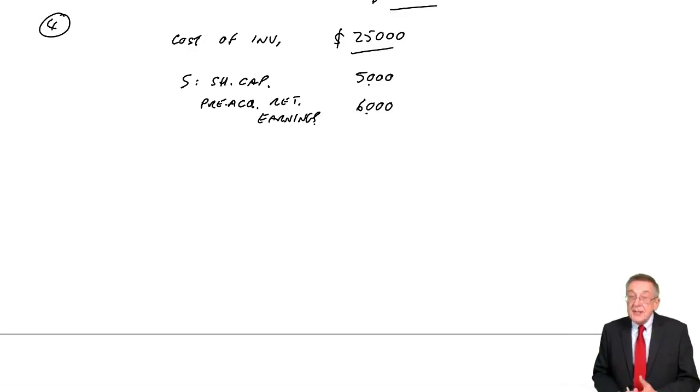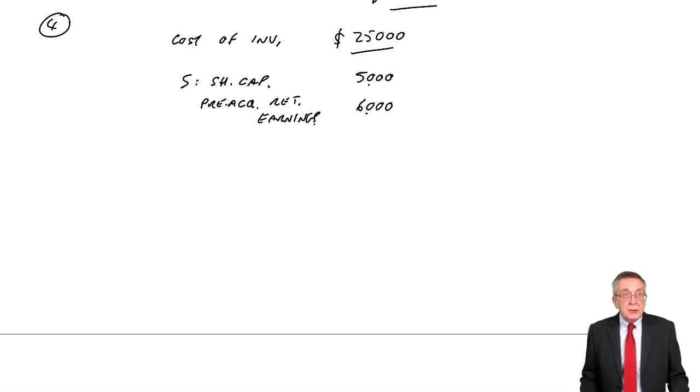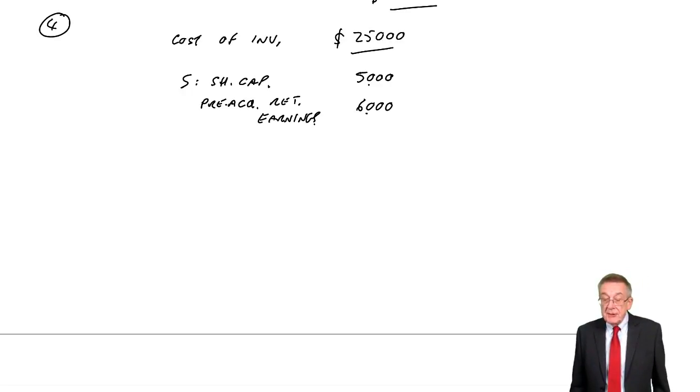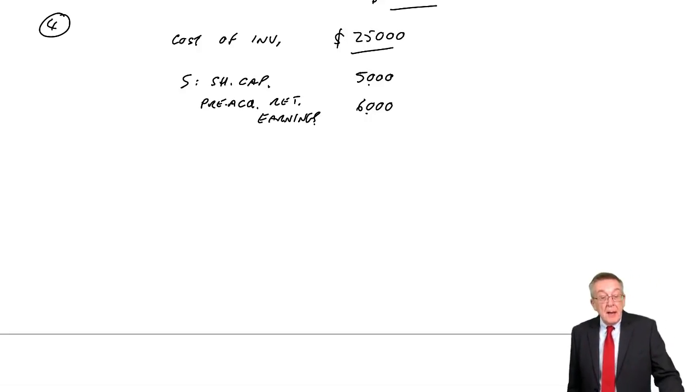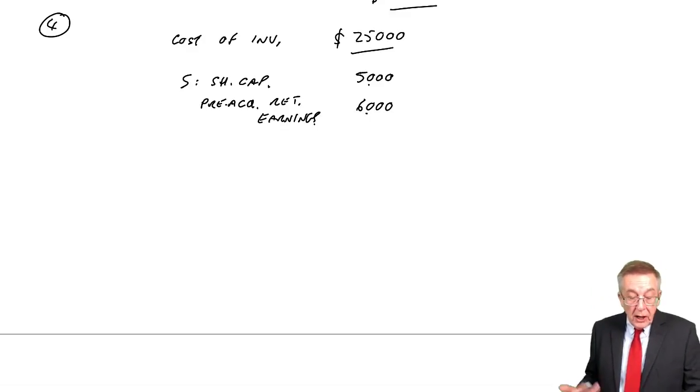And so on S's statement at the date we bought the shares, the share capital plus reserves were 11,000. The net assets would have been 11,000. But that would have been the carrying value, the value in the statement. But there's a fair value adjustment. We think they were worth at the time 6,000 more.